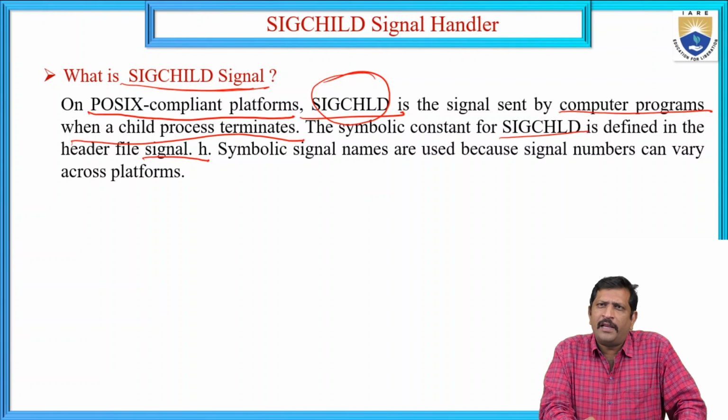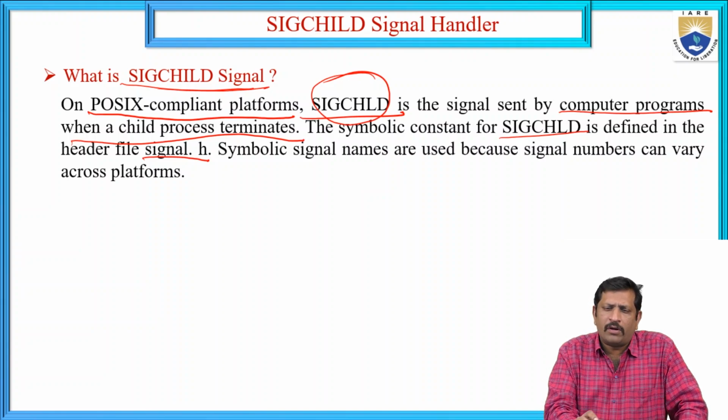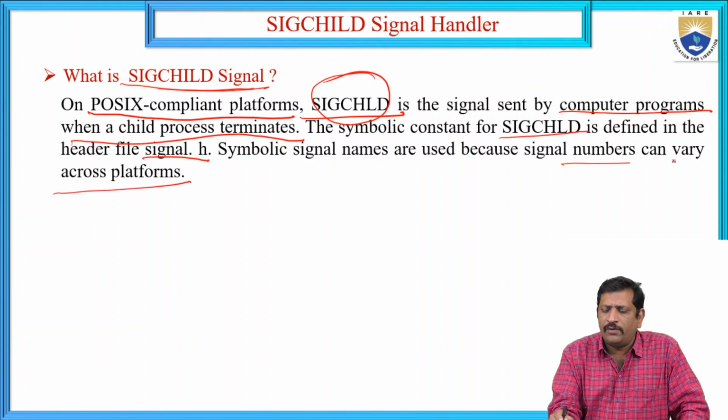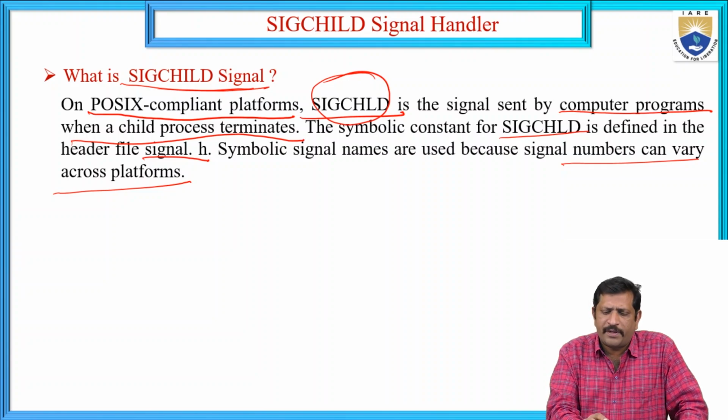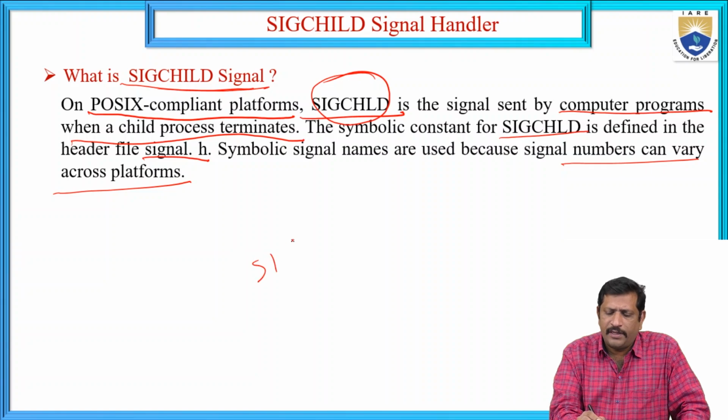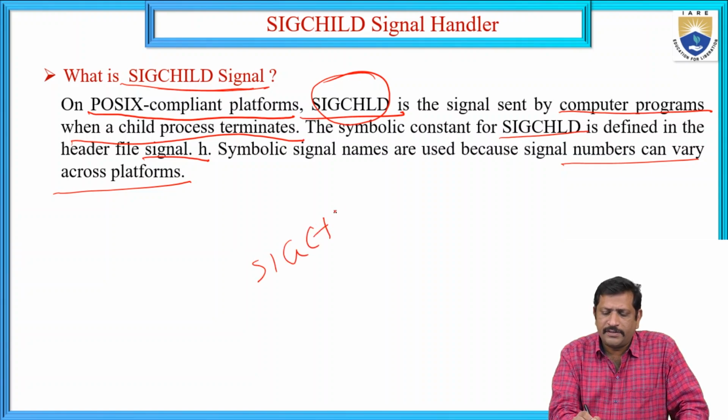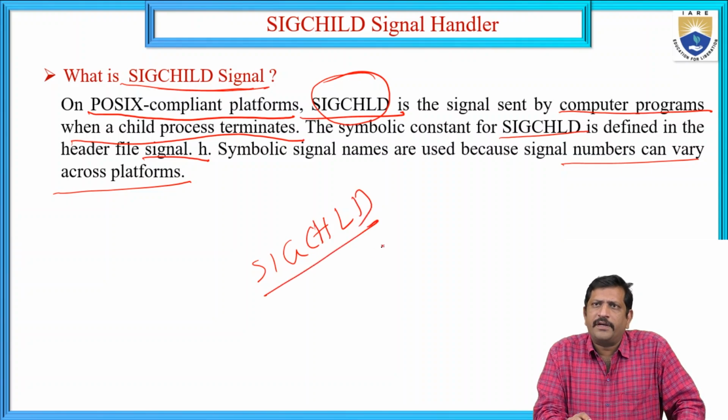The symbolic signal names are used because signal numbers can vary across platforms. Many other signals can be sent by the computer, so when a child process is terminated, we use the symbolic representation SIGCHLD.